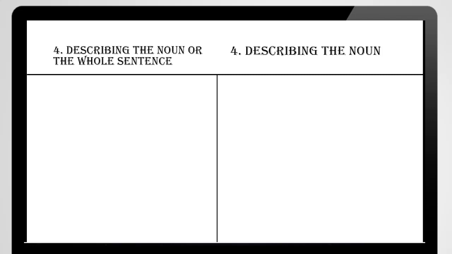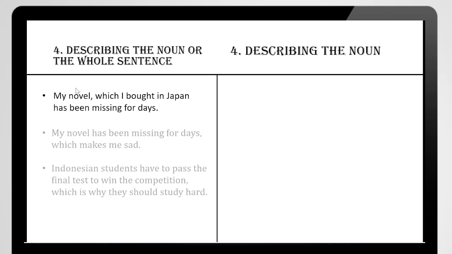Okay? Let's look at the fourth difference, describing the noun or the whole sentence for which and describing the noun for that. My novel, which I bought in Japan, has been missing for days. Okay, there should be a comma here. My novel, which I bought in Japan, has been missing for days. So here, which I bought in Japan describes my novel. Describe the noun. My novel has been missing for days, which makes me sad. Indonesian students have to pass the final test to win the competition, which is why they should study hard.